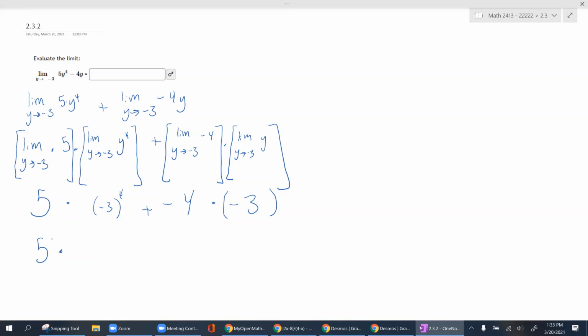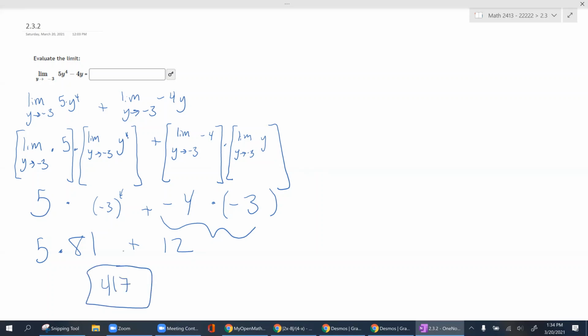So we can just focus on what 3 to the 4th power is, and this gives me 81. Plus, we have negative 4 times negative 3. A negative times a negative equals a positive, and 4 times 3 is just 12. When we do 5 times 81, plus 12, I get 417.